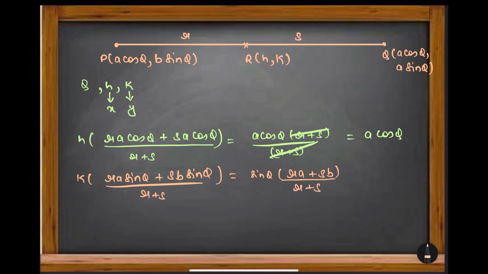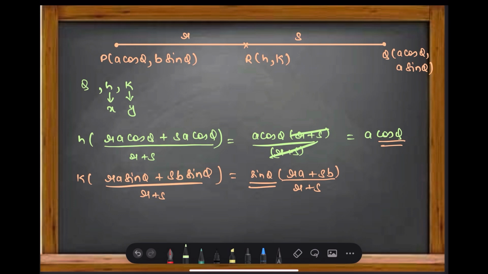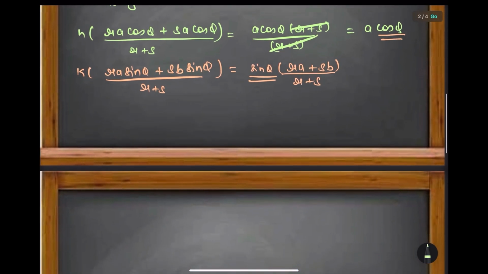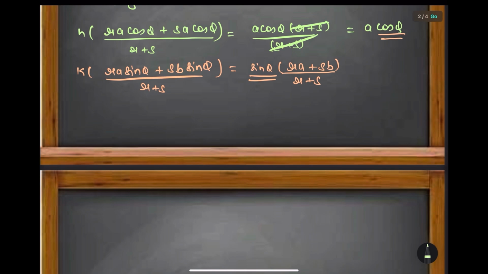Okay, now look at this. How will we remove this theta? You know that you have cos theta over here and sin theta over here. So can I write sin square theta plus cos square theta equals 1? We will apply the same concept. So from this, k is this, h is this.